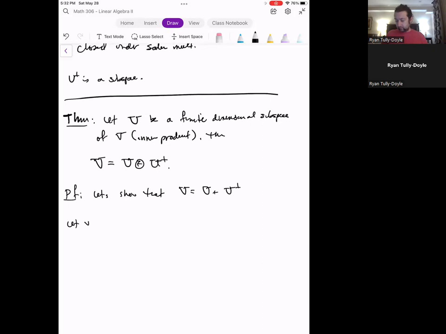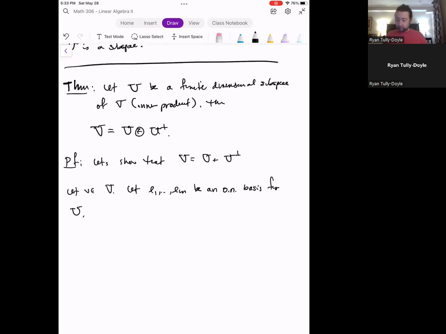So let v be an element of V. And let's let e1 up to em be an orthonormal basis for U. And then we're going to decompose v into two parts.